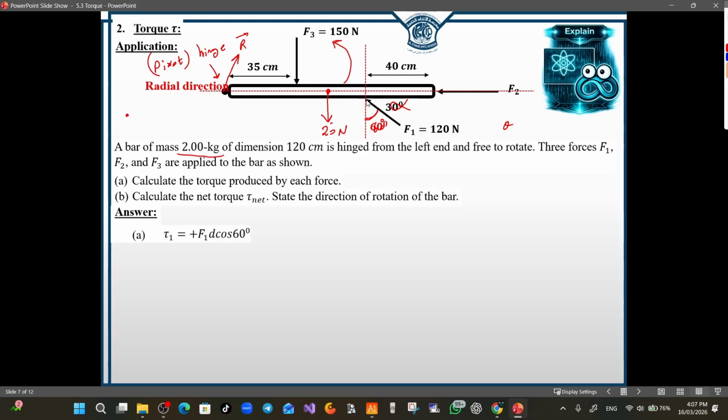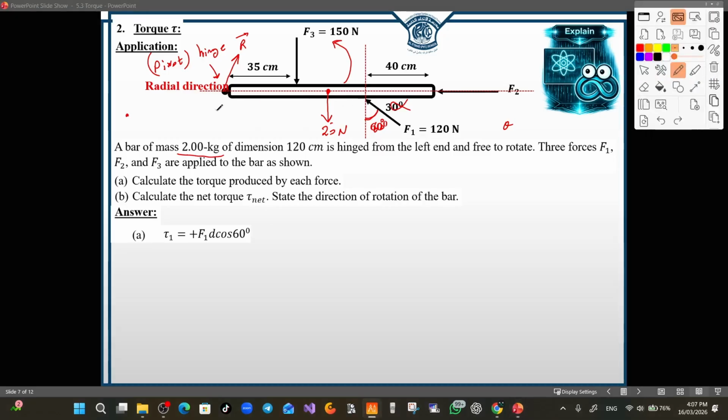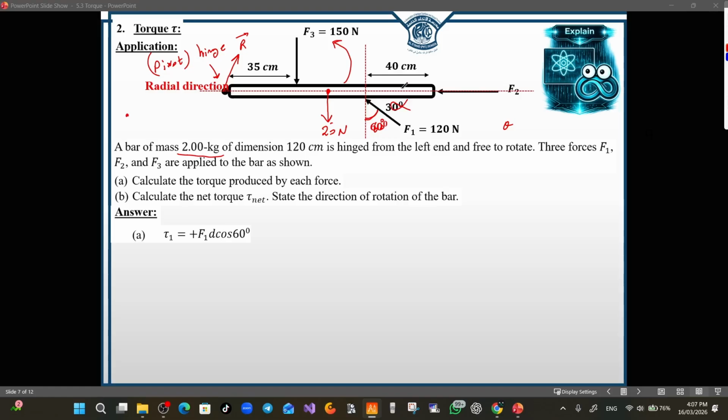Now, the distance between this force and the pivot: we know that the total distance from the fulcrum to the end of the rod is 120 centimeters. If we have 40 centimeters on the right-hand side, then on the left-hand side the distance will be the remaining length.